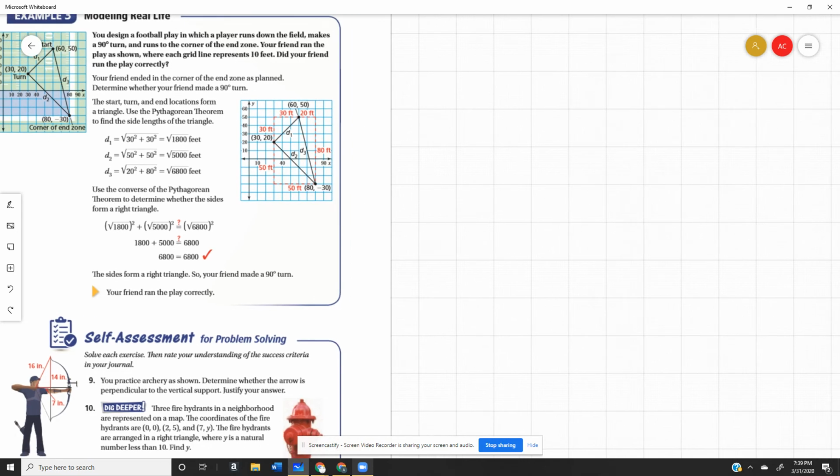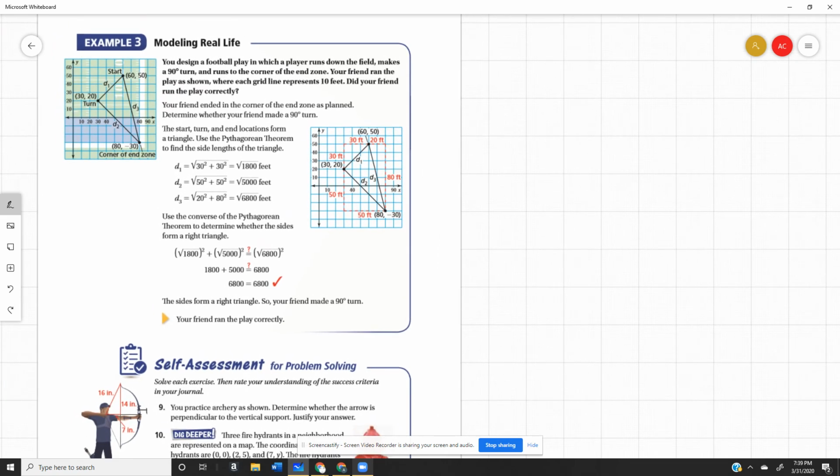This is actually called the distance formula right here. You guys, we've done this. This is the distance formula. Basically it's side squared plus side squared equals the square root. So let's go ahead and look at this. That's this one right here.